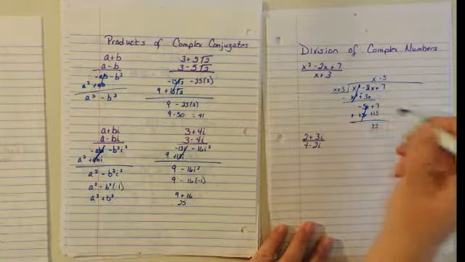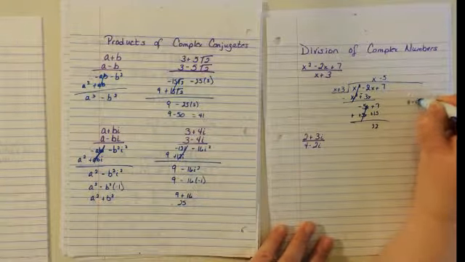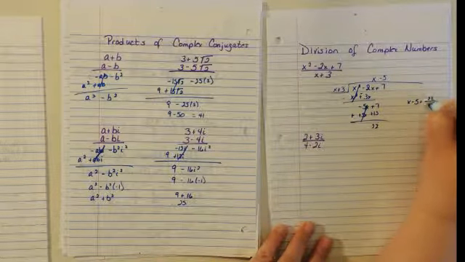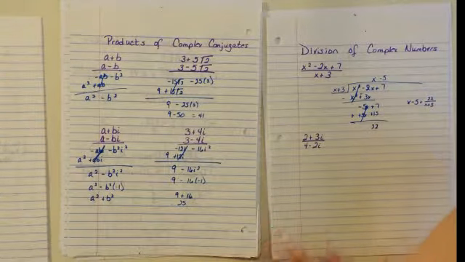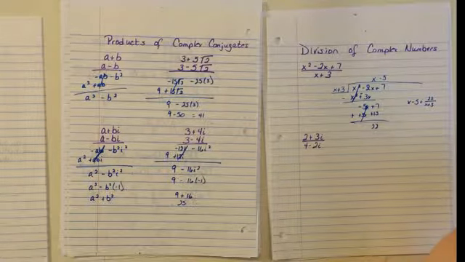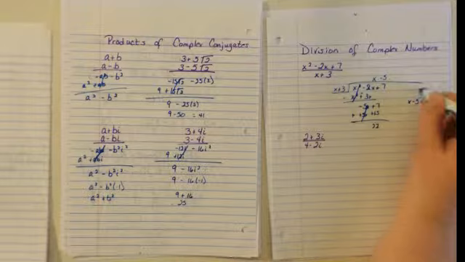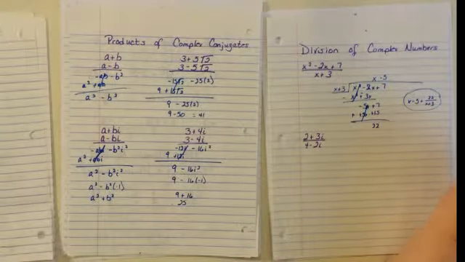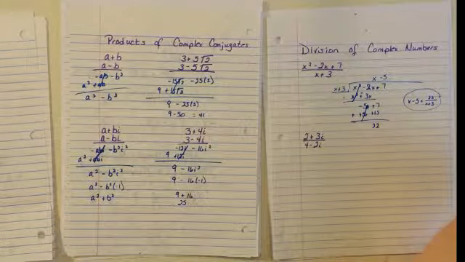So our answer here is x minus 5 plus 22 over x plus 3, right? And that is your final crazy answer. We can't do long division like this with complex numbers, thank goodness.